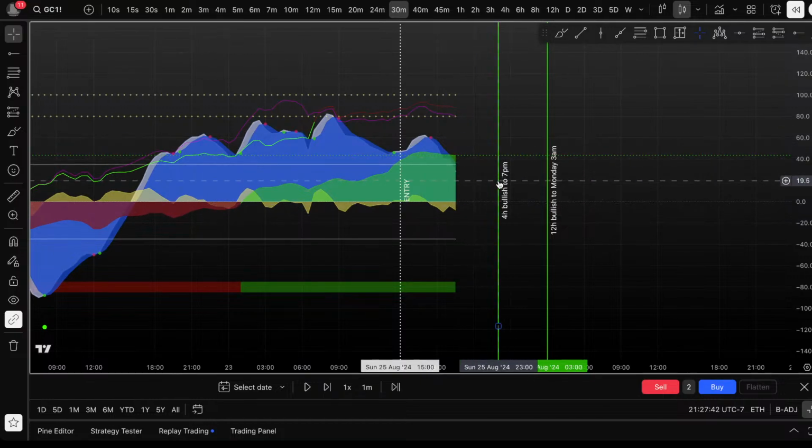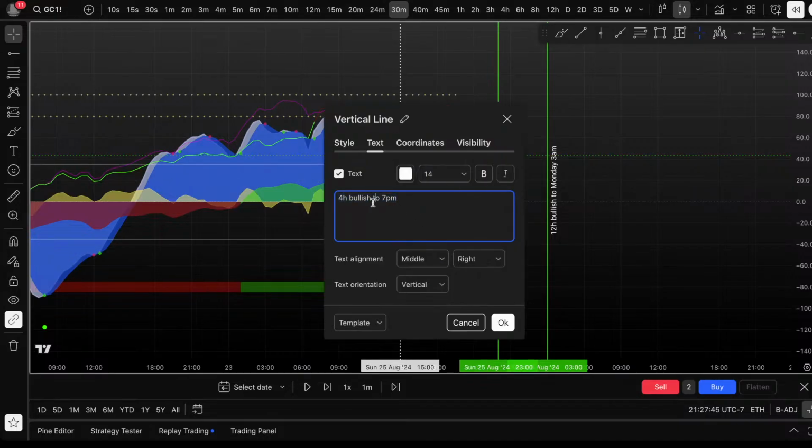Yes, you know, this is semi-bearish on the 4 hour.